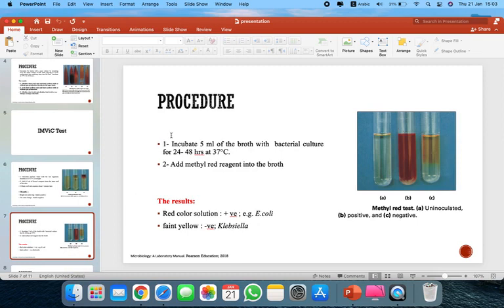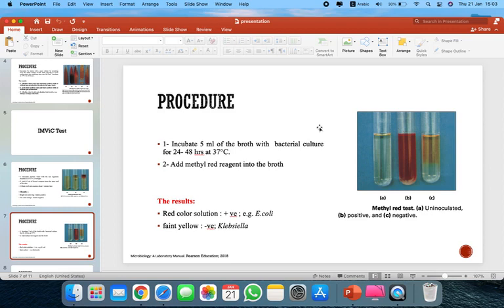So the second one is the methyl red test. Strains of E. coli are mixed acid fermenters. They degrade carbohydrates into acidic end products such as lactic acid, acetic acid, and formic acid.